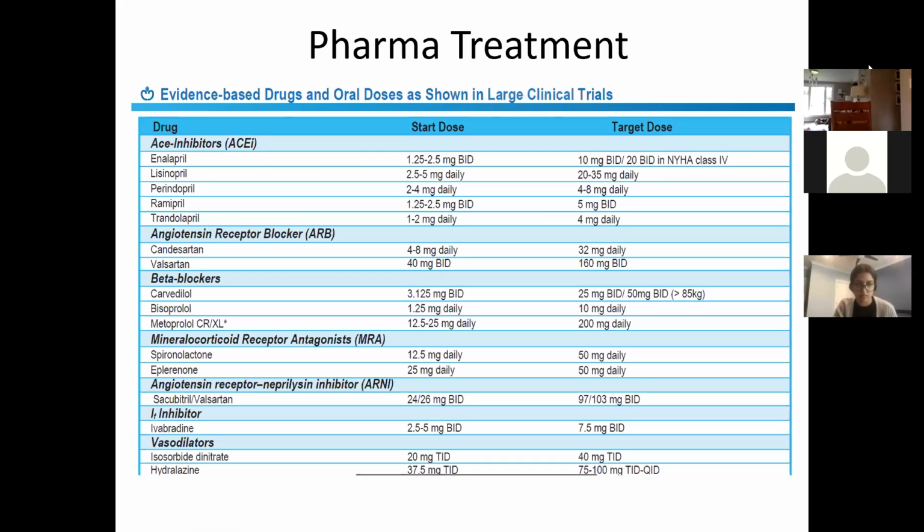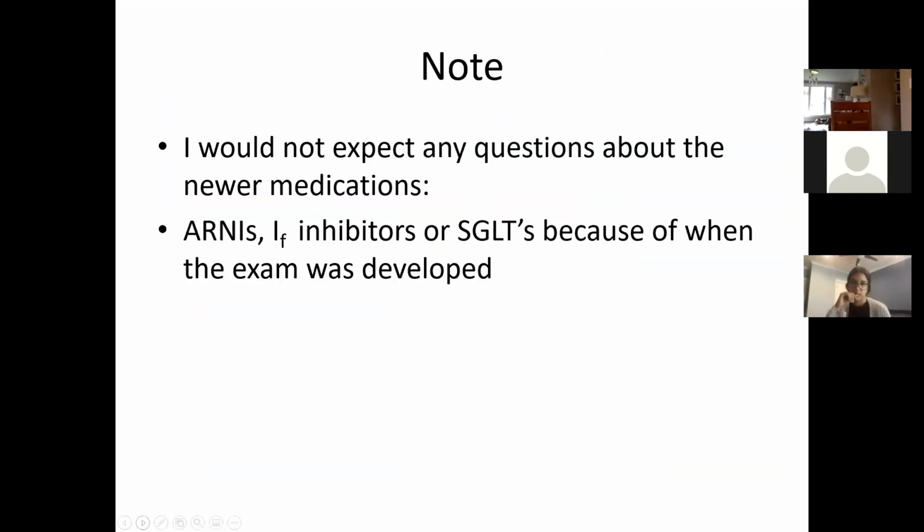Perfect. Thank you. So your exam is not going to be asking questions about ARNIs, the angiotensin receptor neprilysin inhibitor. They're not going to be talking about the IF inhibitors or the SGLT2s, because all of these are recommendations after your exam was developed.